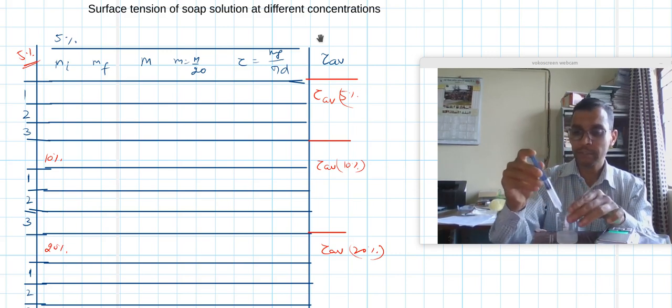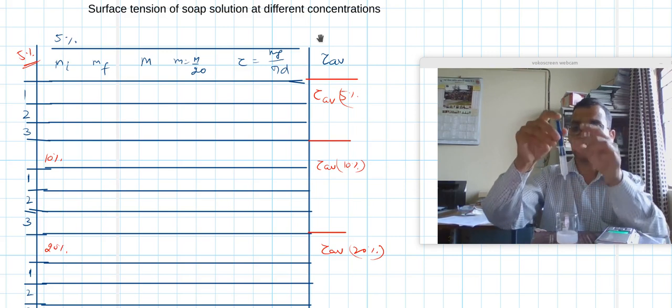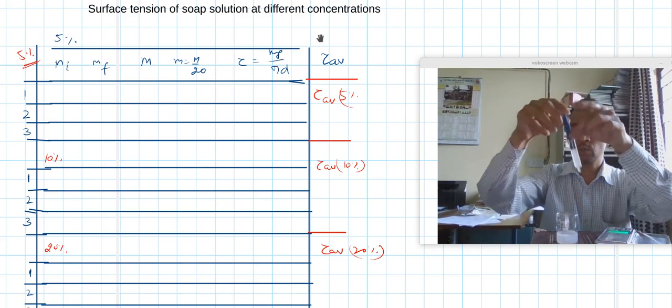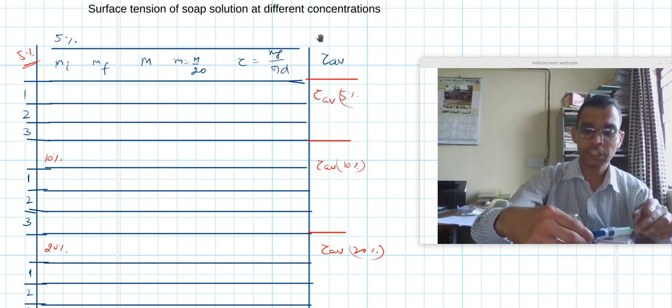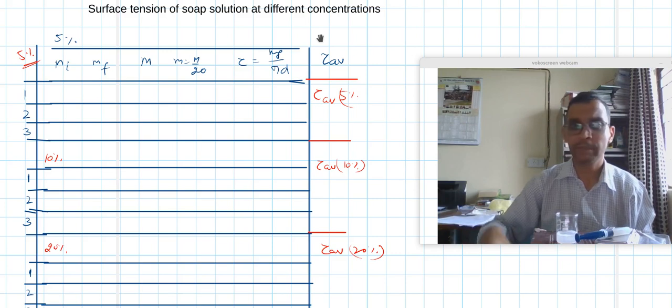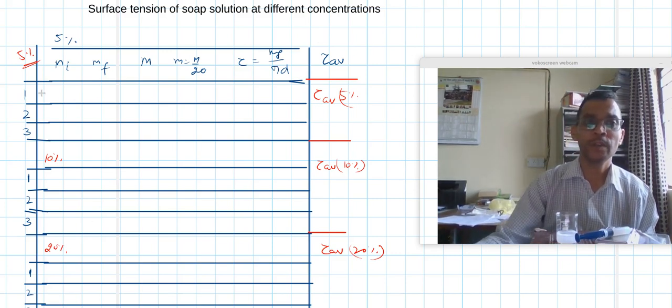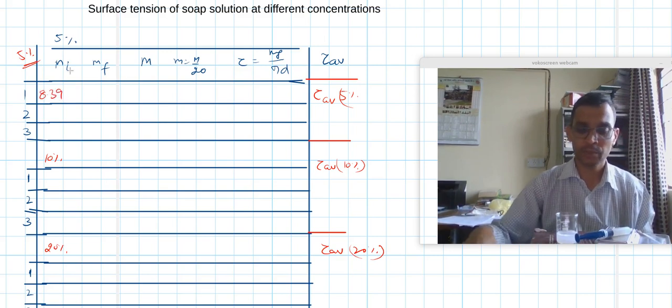Let us see what will happen. I filled this with a 5% soap solution and put it on the weighing machine. Its weight is 8.39 gram, and the rest of the parameters will remain the same.